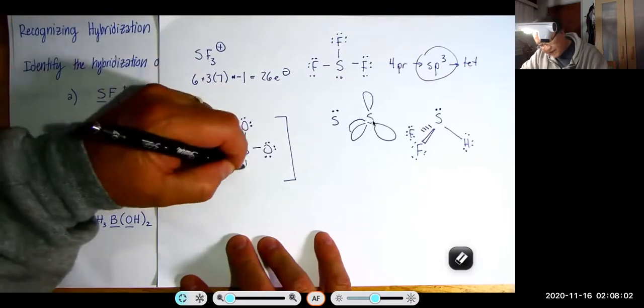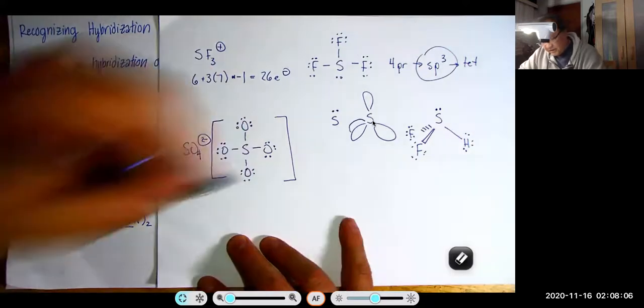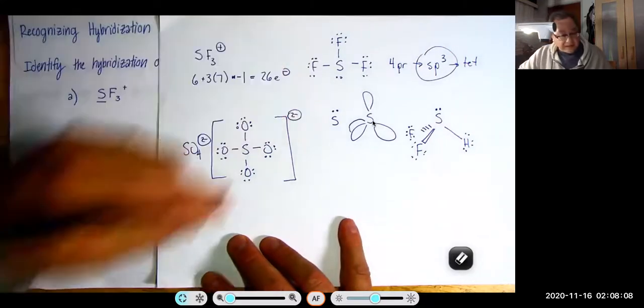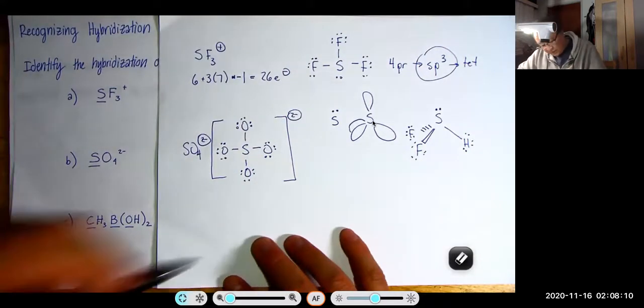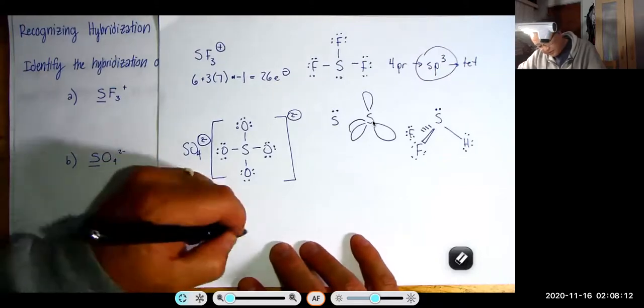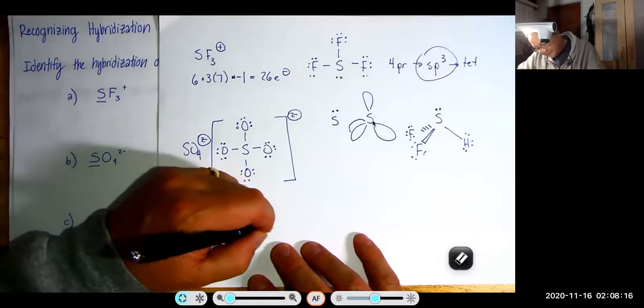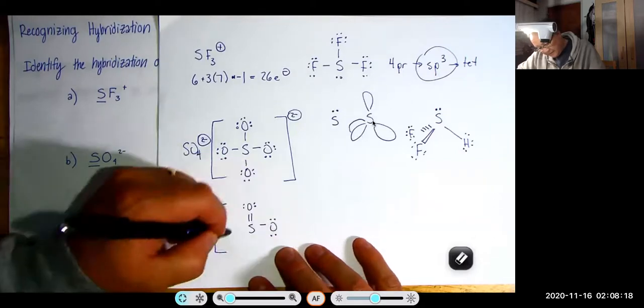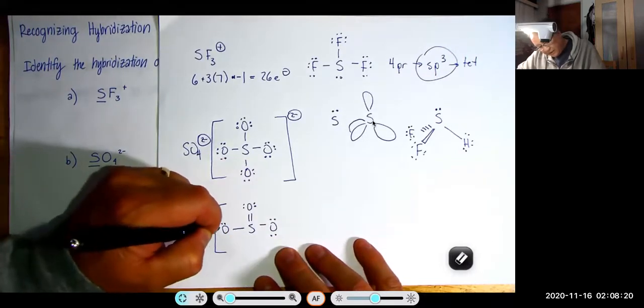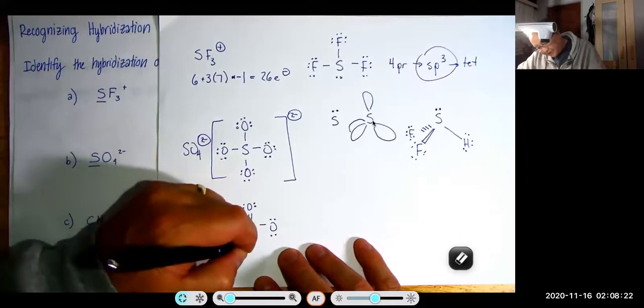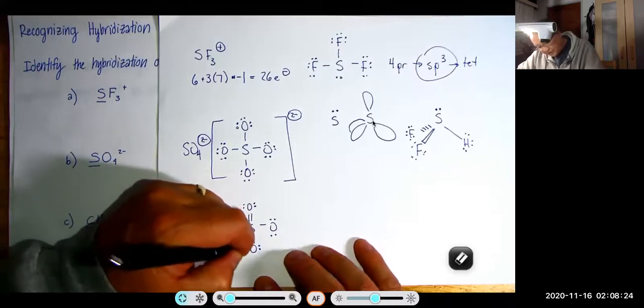So each atom has an octet, and that's theoretically more stable than what I prefer, which is this. Here, the sulfur has 6 bonds, and there are resonance structures.